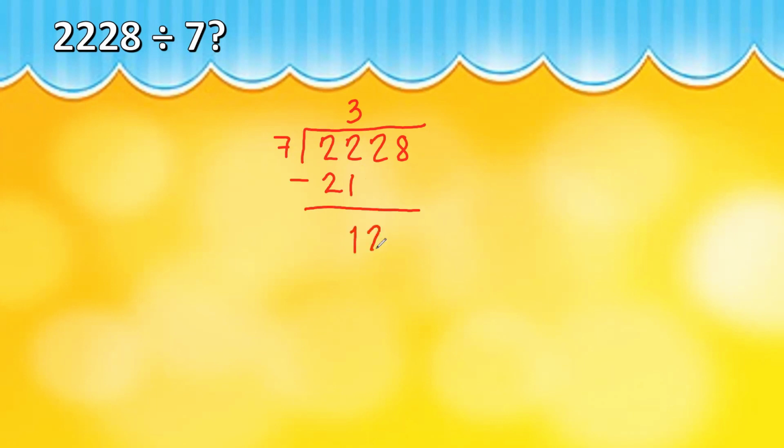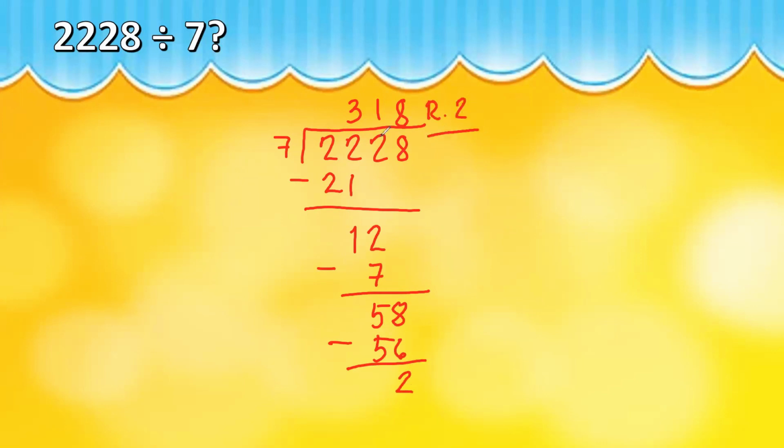Bring down 2. 12 divided by 7 is 1. 1 times 7 is 7. 12 minus 7 is equal to 5. Bring down 8. 58 divided by 7 is equal to 8. 8 times 7 is equal to 56. 58 minus 56 is 2. So the answer is 318, remainder 2.